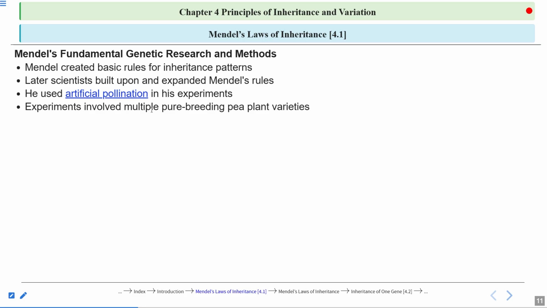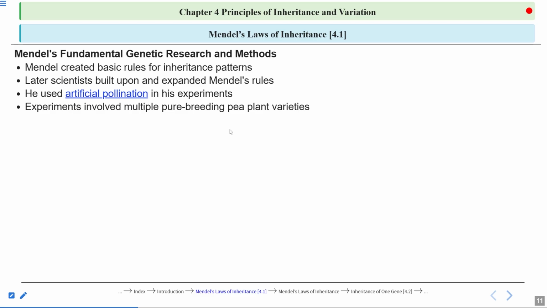Now, Mendel used pure breeding pea plant varieties, or you can also write true breeding pea plant varieties. What do you mean by pure breeding pea plant varieties? These varieties are created by repeated selfing, by repeated self-pollination.